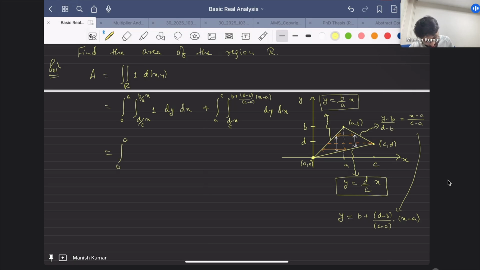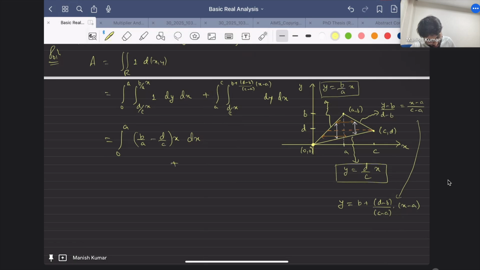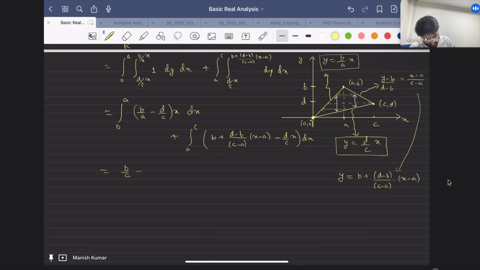So this is 0 to a, the integral of (b by a minus d by c) times x dx, and over here you get a to c, which is a bit complicated but still the same: b plus (d minus b upon c minus a)(x minus a) minus d by c x, dx. Now this is (b by a minus d by c) a square by 2.